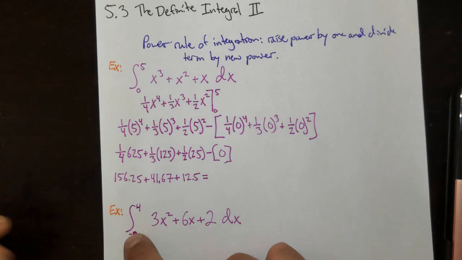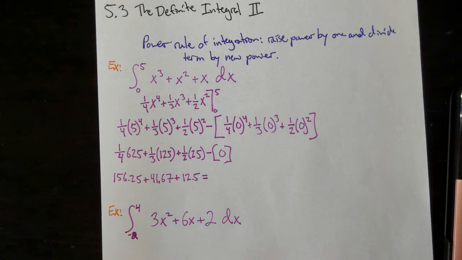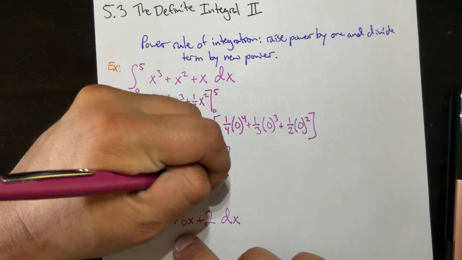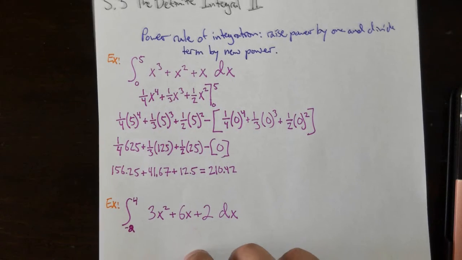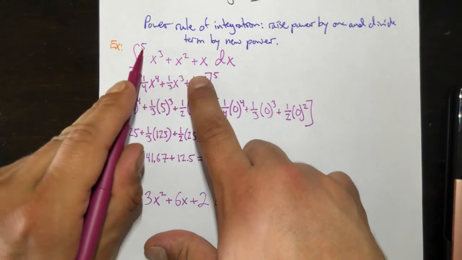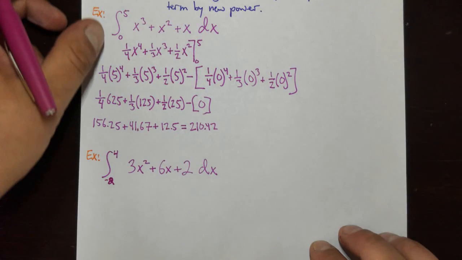Add these all up, and what do we get? $210.42. So there you go. That is the area under this curve between x equals 0 and x equals 5. Okay, let's go on to the next one.